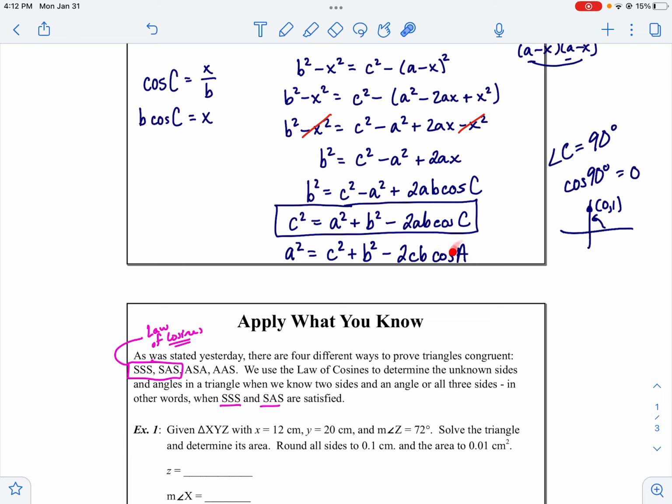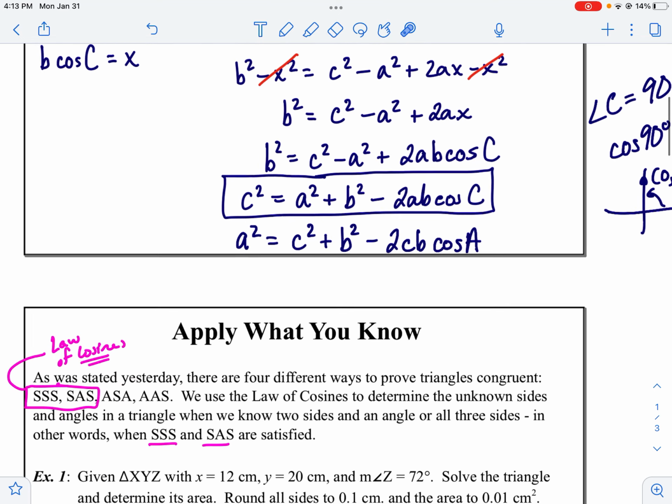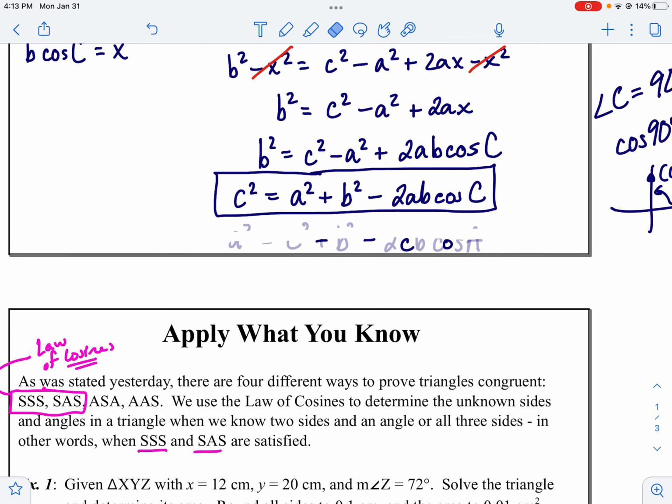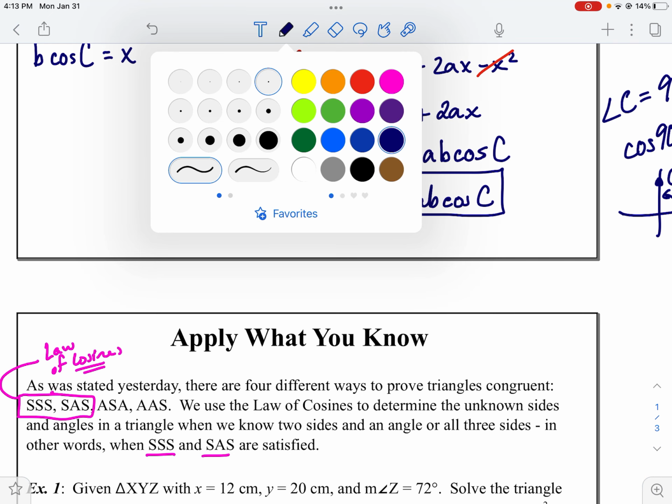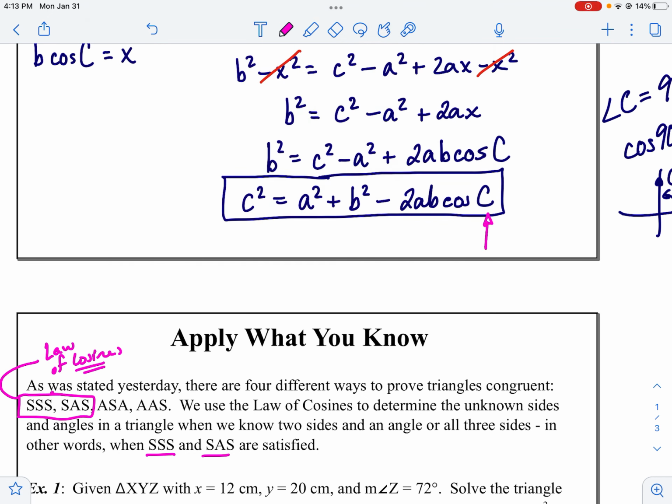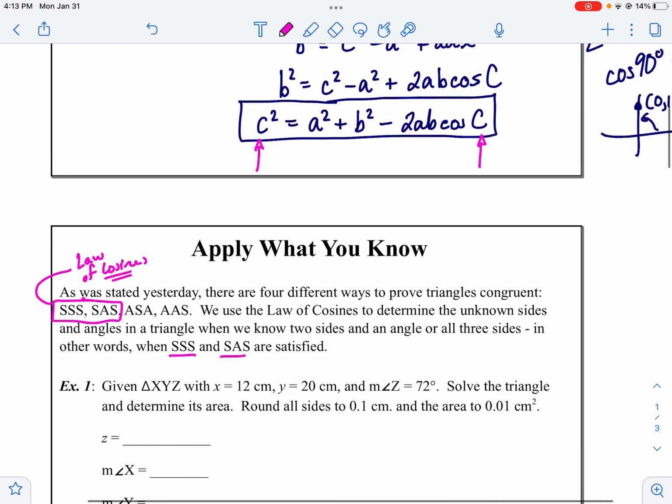If I use angle A, then side A is what goes over here. So again, I'm going to give you one version of it, and then you just kind of have to know what goes where. Really and truly, rather than trying to memorize a whole bunch of different versions of it, just pay attention to where things are. If angle C is on one end of the equation, then that means side C is on the other side, okay? So let's just see it in use, and I think it'll make good sense for you.